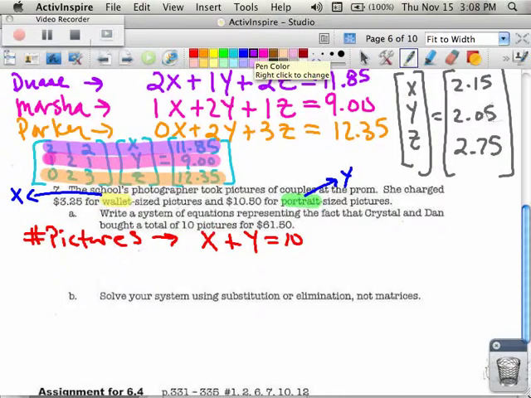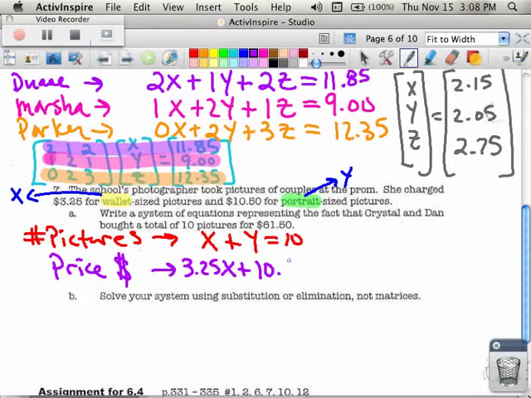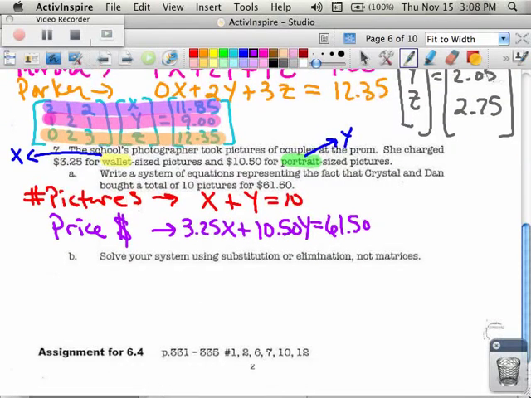So if we talk about the prices, or money, that they spent on each thing, we know that they spent $3.25 for the wallets, and they spent $10.50 for the portraits, which gave me a total cost of $61.50.